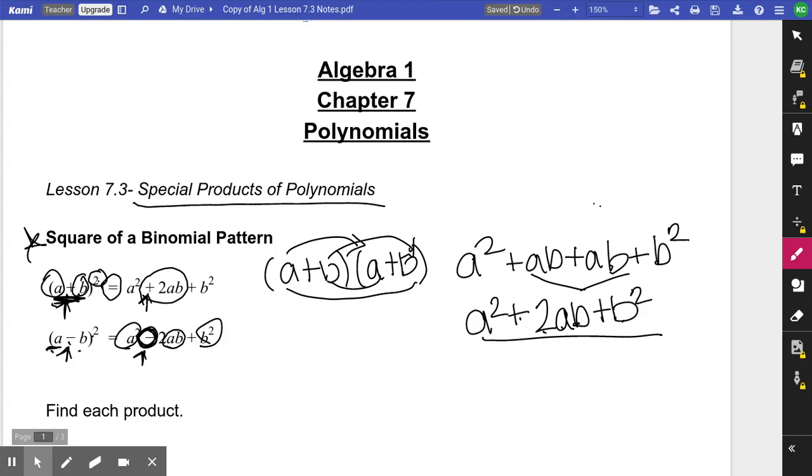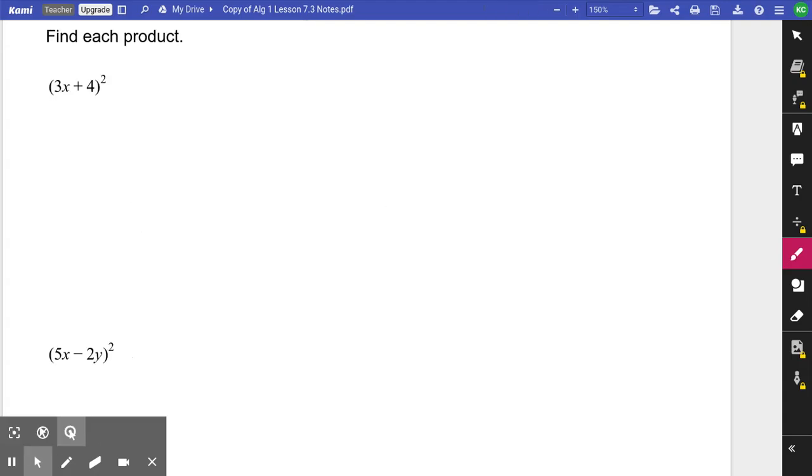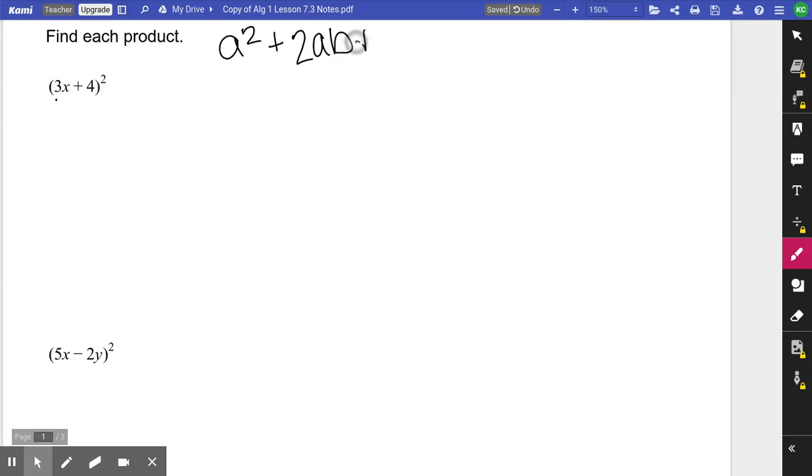Okay, so let's do a couple of practice problems. So on our practice problems, we have 3x plus 4 squared. So remember, your formula tells us it's going to turn into a squared plus 2ab plus b squared.